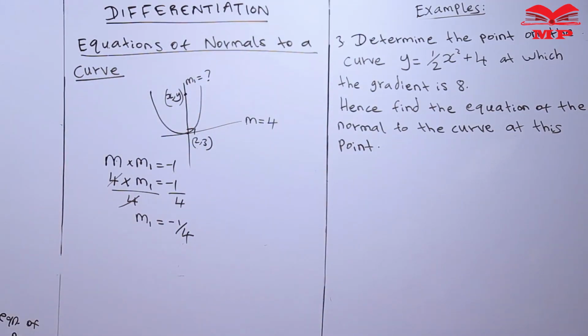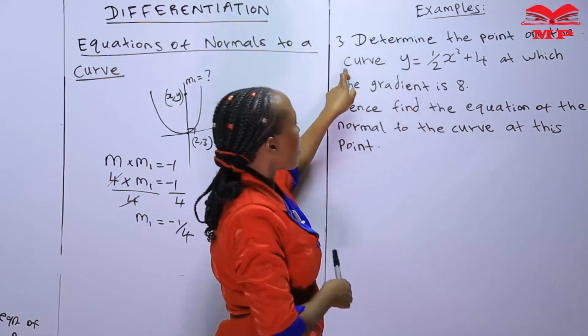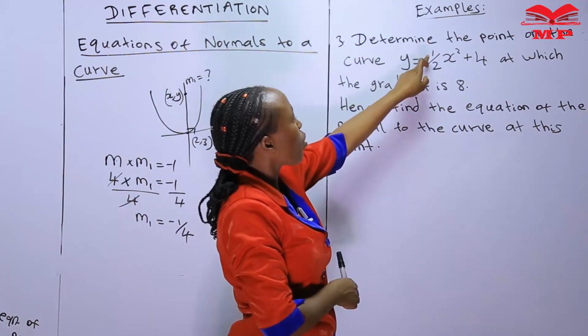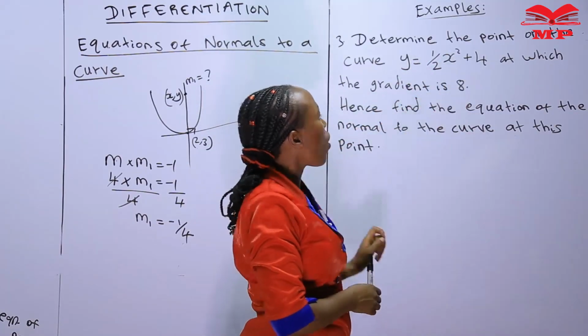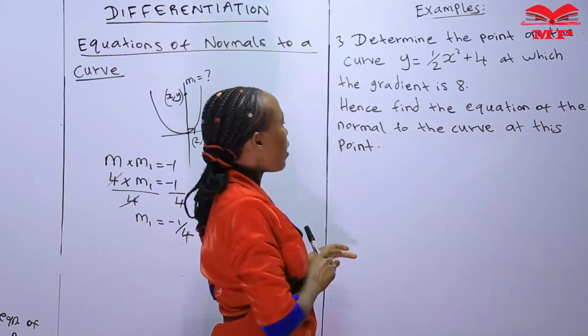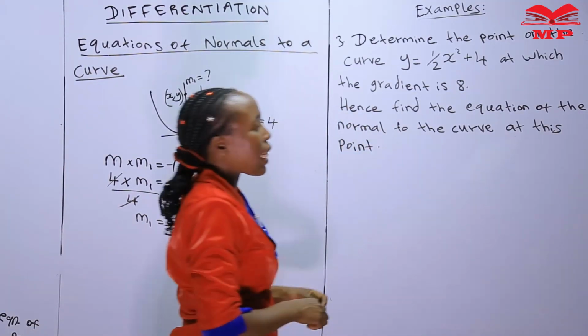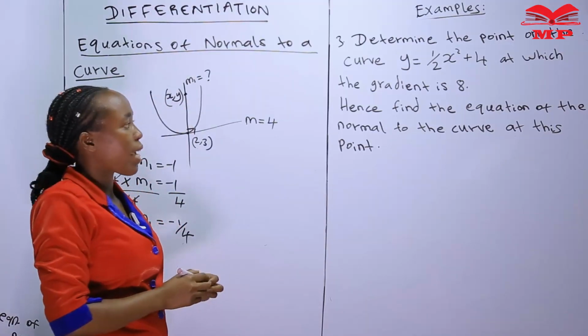Again, it is also a very simple question. We are told to determine the point on the curve y is equal to a half x squared plus 4, at which the gradient is 8. That should be the first thing. Then we are going to find the equation of the normal to the curve at that point that we'll get.